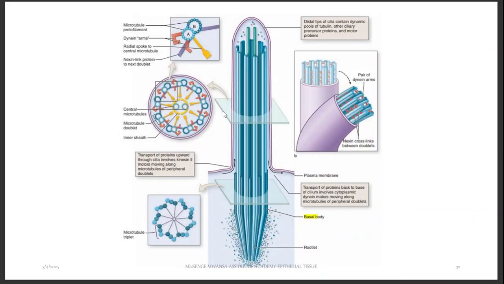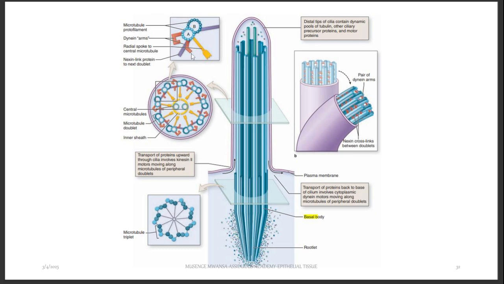As you can see, this is cilia and it has a certain arrangement of the microtubules. The arrangement of the microtubules here is known as the 9 plus 2 arrangement. And why do we call it 9 plus 2?